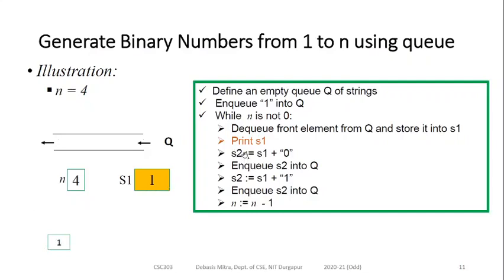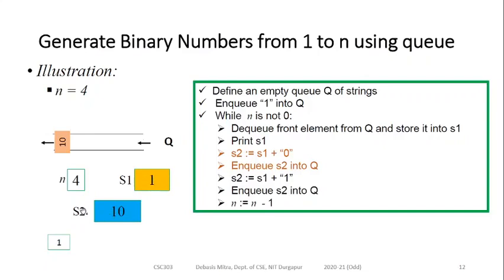Next, I am showing these two steps together. So what we will do, we will create another string s2 by appending a 0 on this s1. So there is another temporary string variable s2, which will be got by appending a 0 on s1.